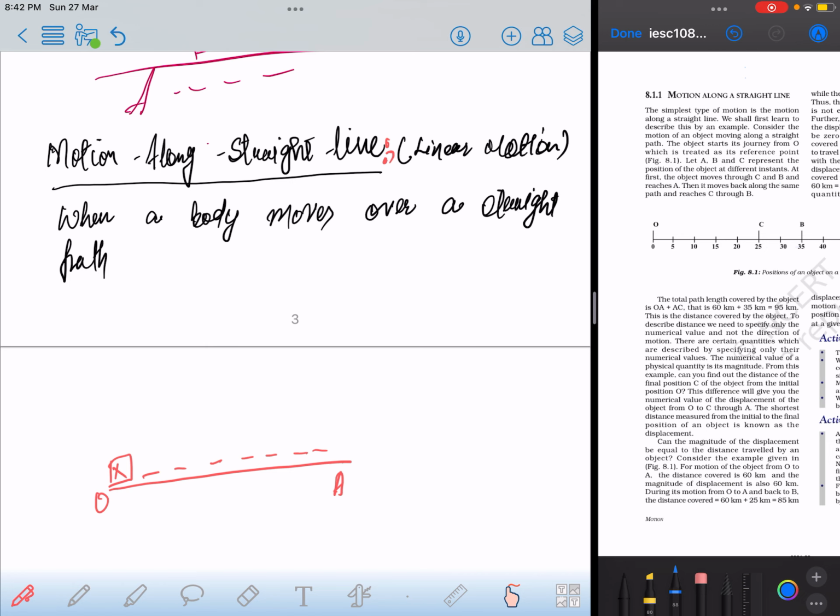Another term used for this is linear motion.